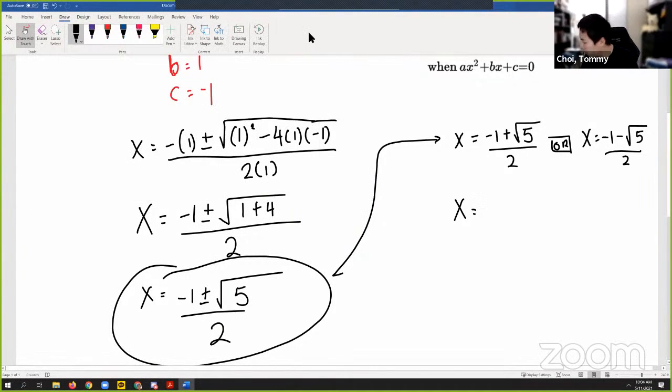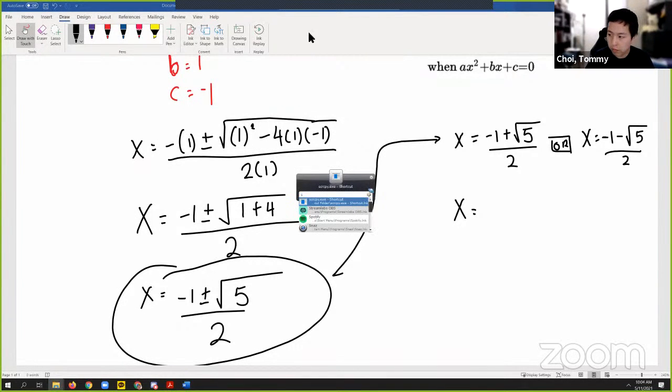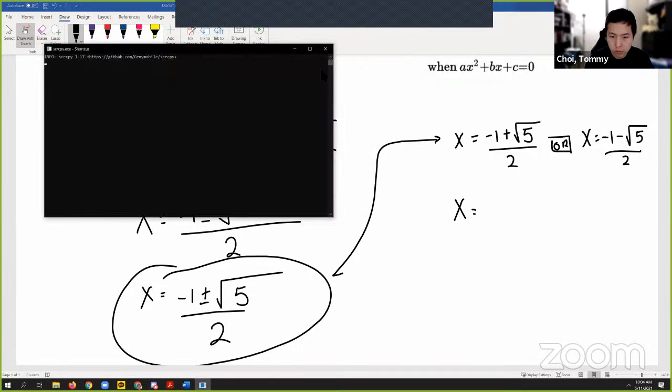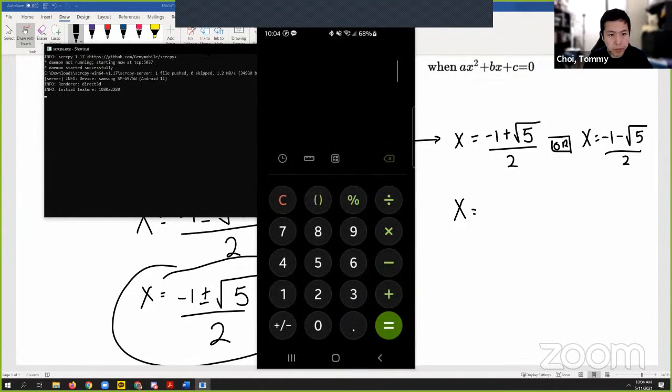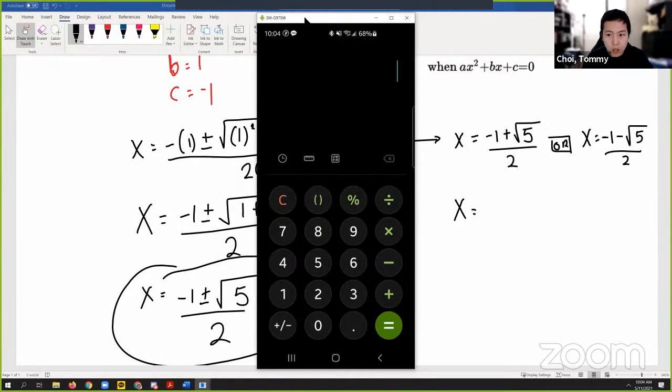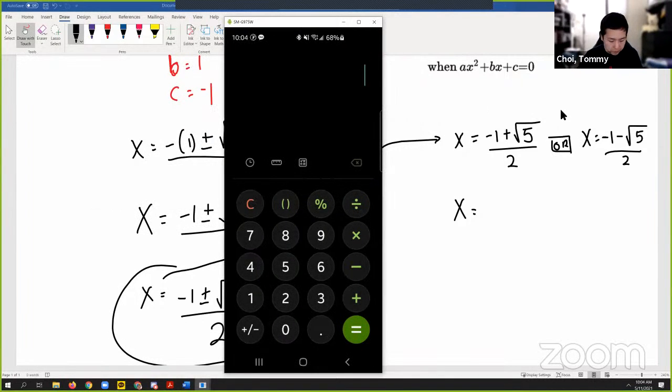So if I do this, give me 1 second. Let me bring up my phone here on screen so that you can see it. Okay, so there's my phone. So here, what I'm going to be doing is -1.